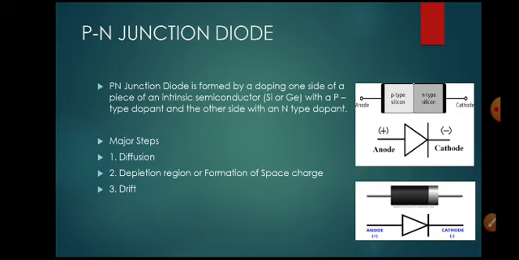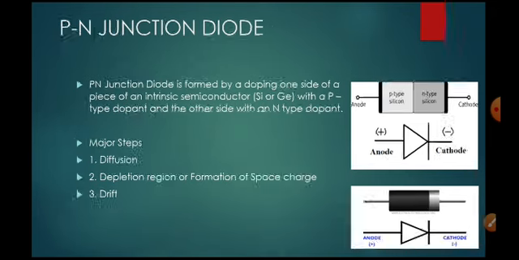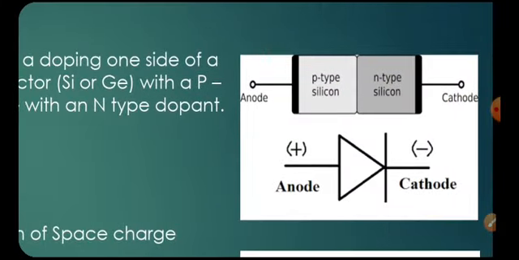The right side is doped with n-type dopants, which are pentavalent material, so that region becomes an n-type semiconductor. In this n-type, the electrons are majority charge carriers and holes are the minority charge carriers.